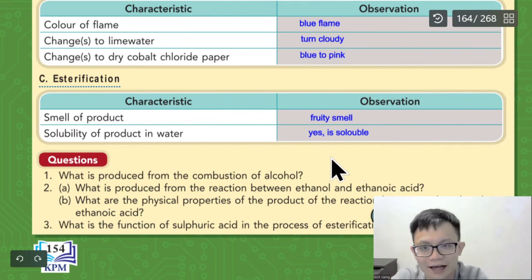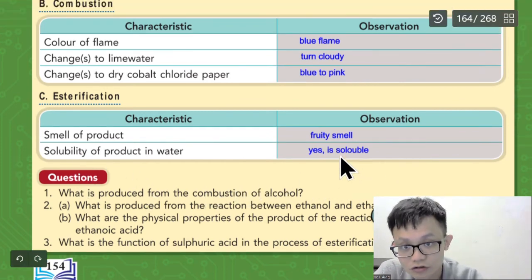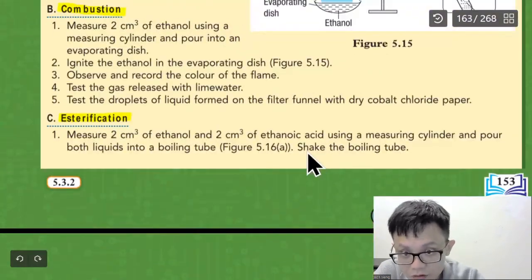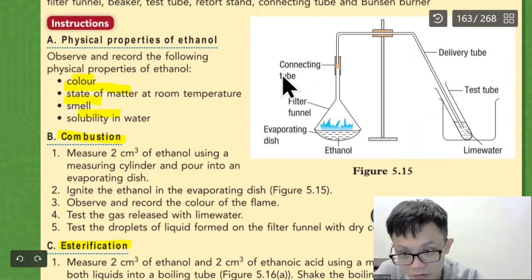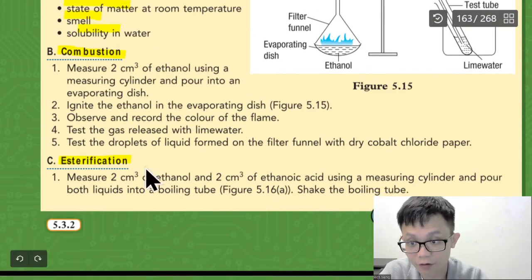I don't know whether you like it or not. And solubility in water, yes, it is soluble. So for this experiment, we are studying the physical characteristics of the alcohol.